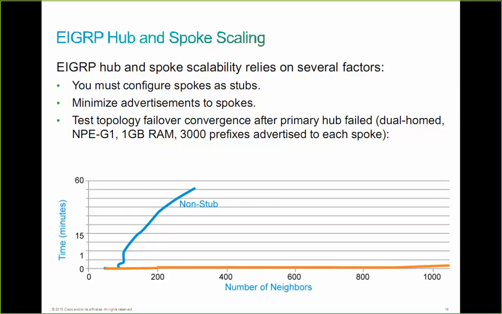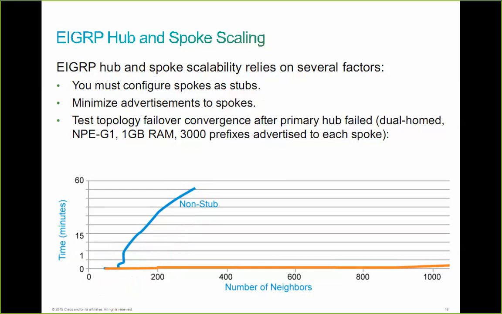In a non-stub configuration, you're limited to the number of neighbors significantly. So that's what this blue line represents here. The same deployment, same physical topology without the stub feature enabled, which means that you're limited to what, maybe 300 neighbors in this case.